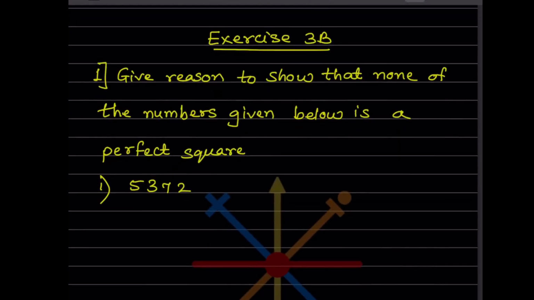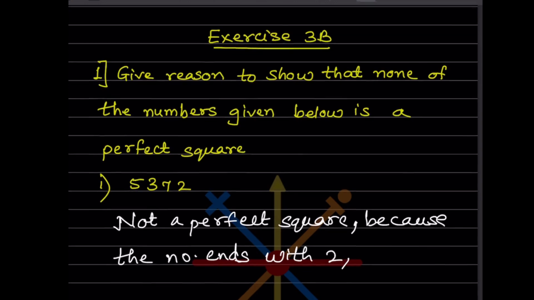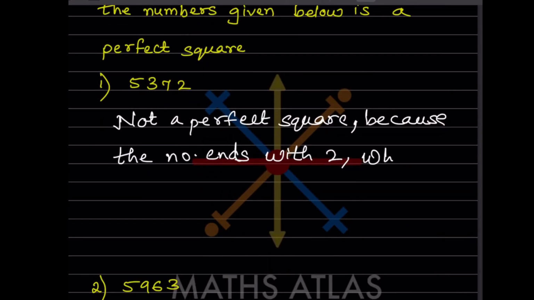They have asked to give the reasons. So here we can write: not a perfect square, because the number ends with 2, which is not a perfect square.